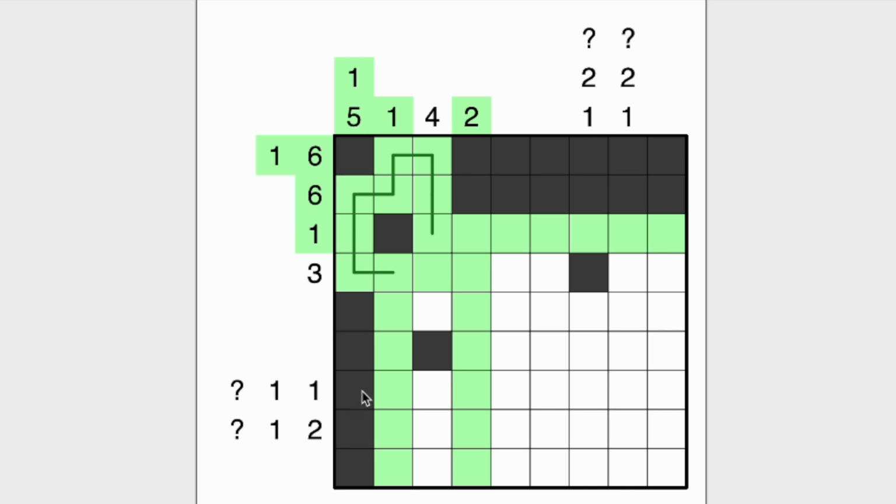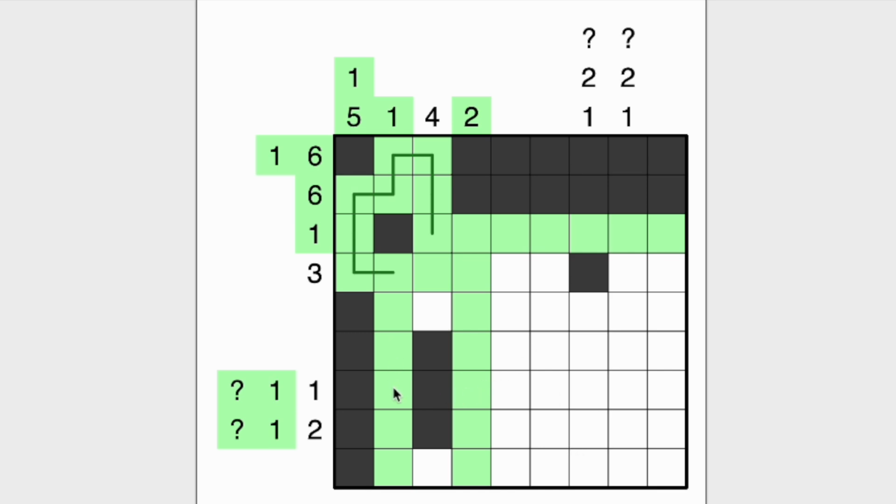That is the entirety of the question mark clues here and here. We know those are accounted for by this first stretch. The 4 we know contains at least these cells, which is going to be the 1 that we need in both of these rows.